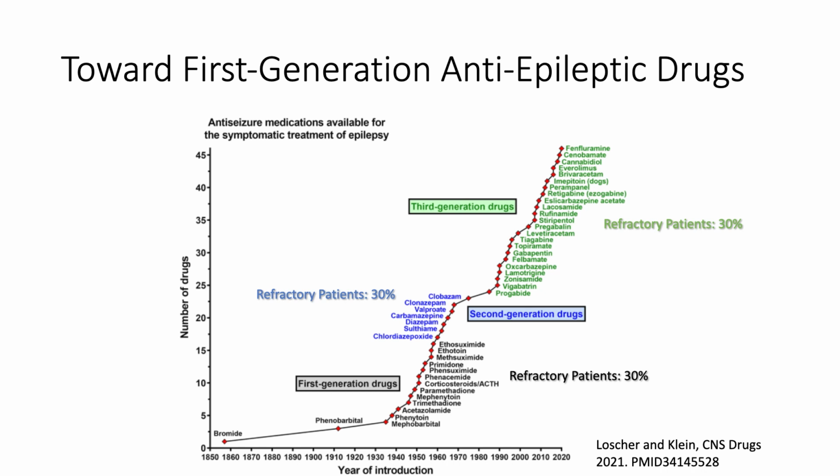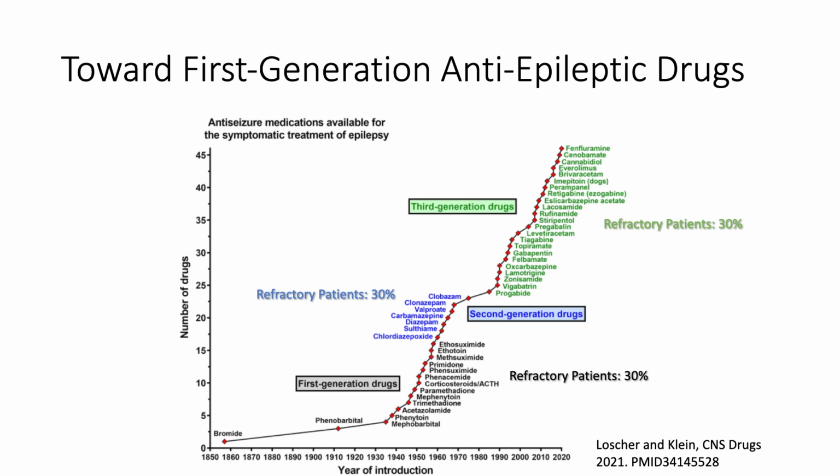And just Dr. Rogowski actually had this yesterday, this lovely slide. And I would just add to the idea that we need anti-epileptic drugs, I just point out that the refractory patients, when we had our first generation drugs, were 30%, but that's fine because we had second and third generation, where it remains 30%.